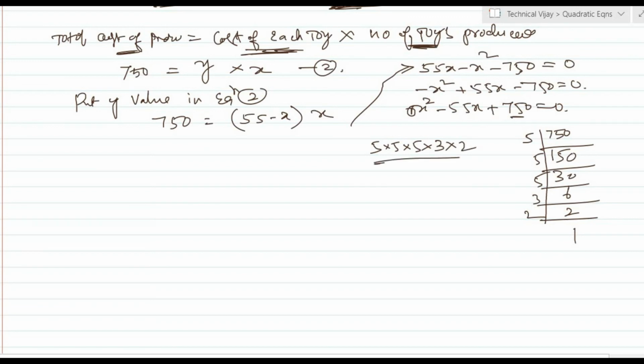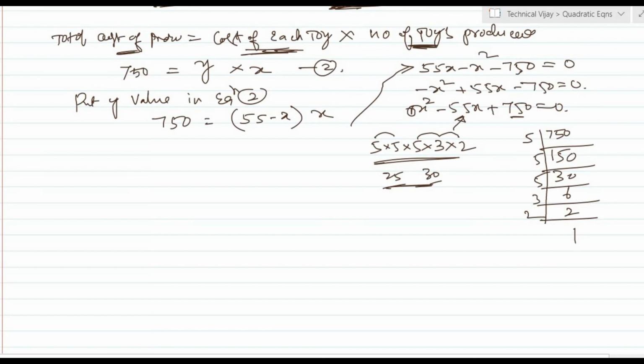By utilizing these factors, we have to get the middle term, that is 55. So 5 fives are 25. 5 threes are 15, 15 into 2 is 30. See here, we got it. So 30 and 25 are the factors.